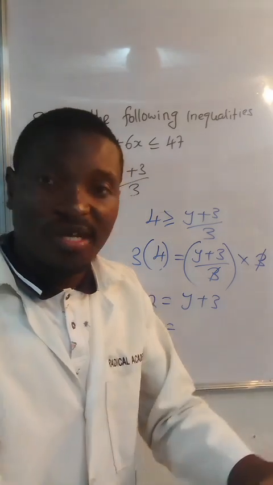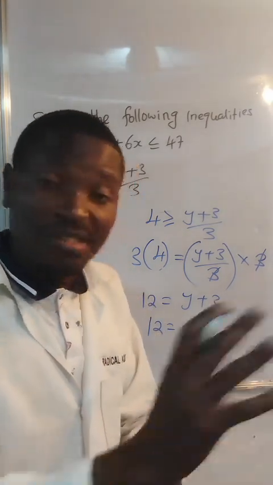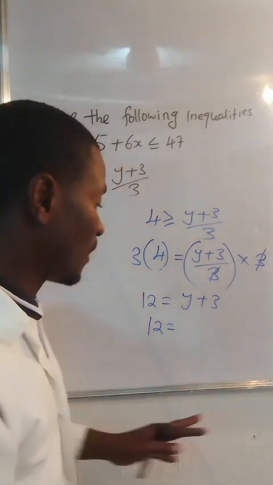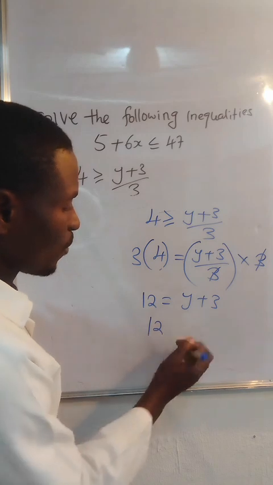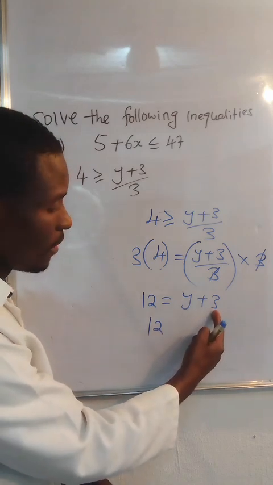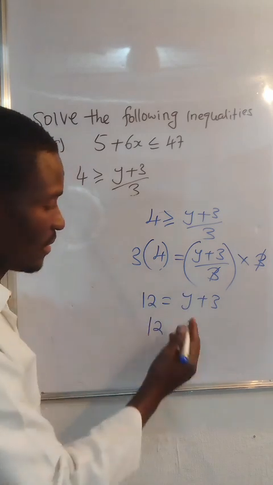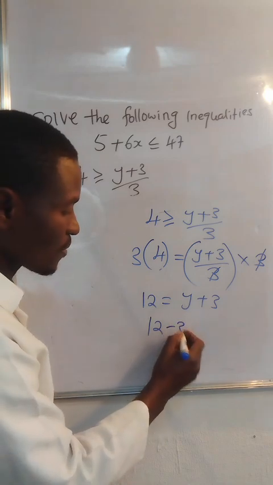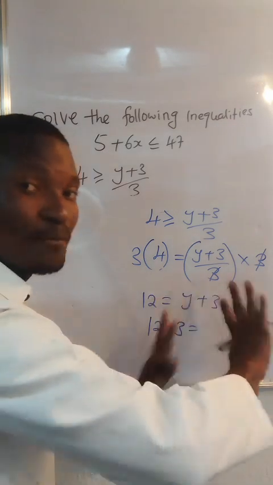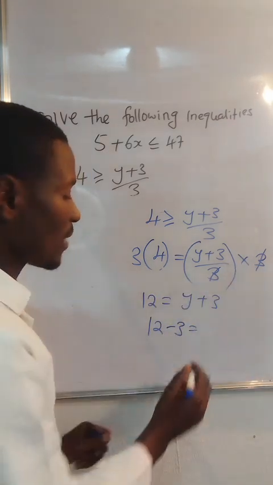But I want to show the examiner how I actually arrived at 9. So this 3 comes to the left, and it is positive, so it becomes minus 3. Now y remains alone on the right side.